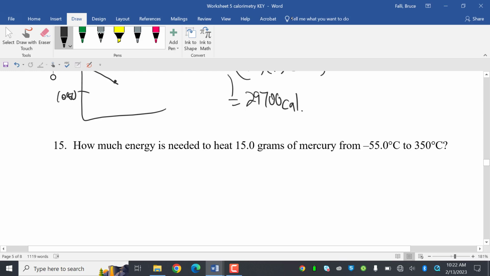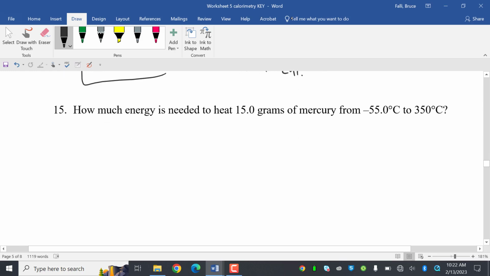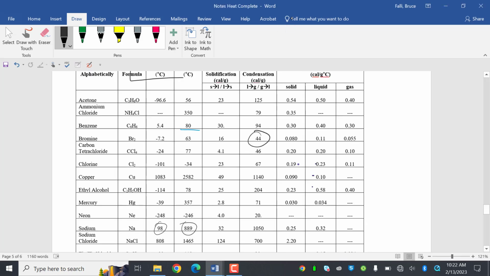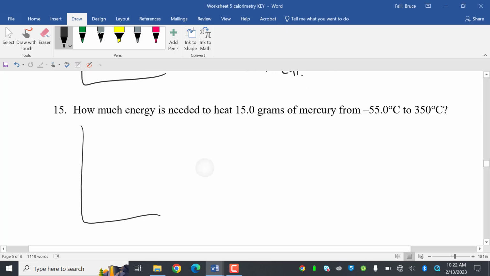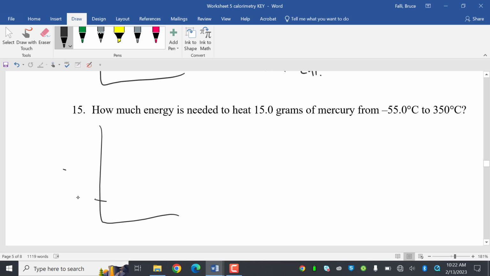How much energy is needed to heat 15 grams of mercury from minus 55 to 350? So mercury stats. Negative 39 and 357.